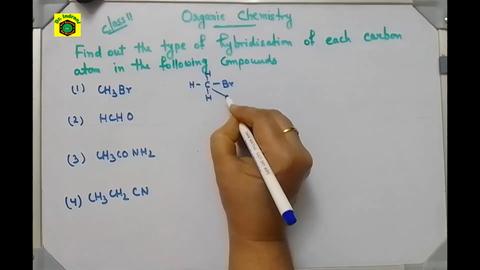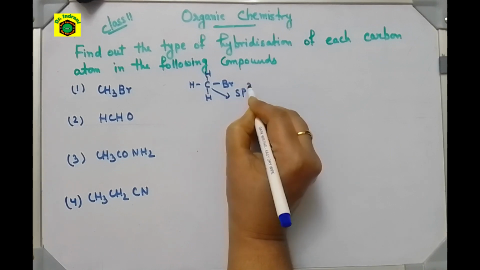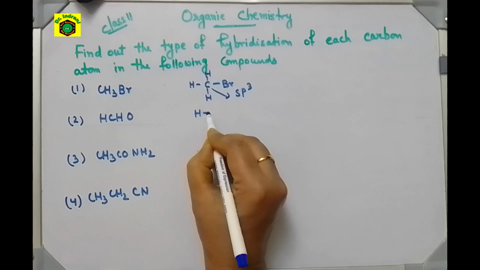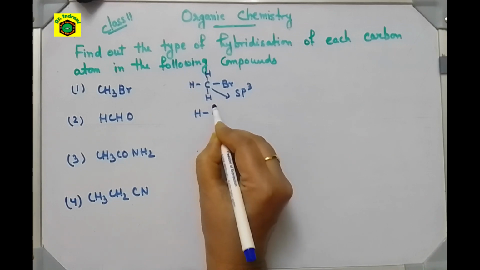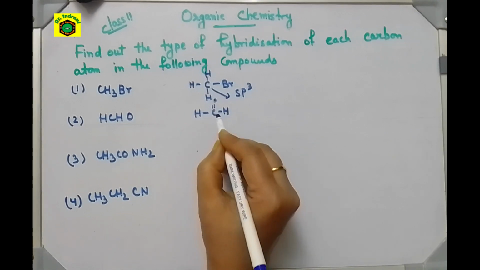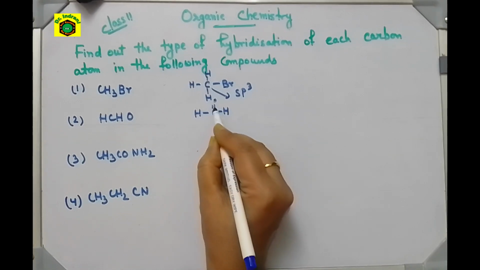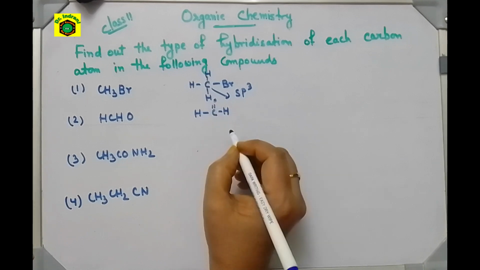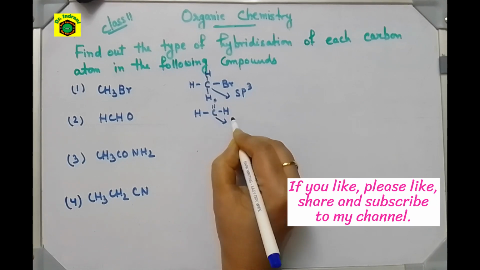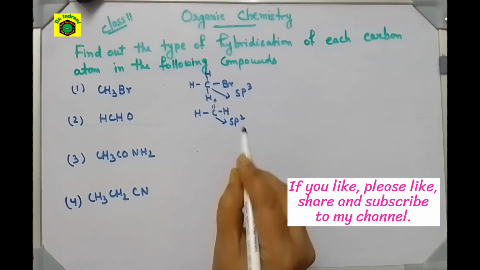That means this carbon is sp3 hybridized. Next one is HCOOH. So here how many? 3 sigma bonds are there, 1 pi bond is there. Therefore, this carbon is sp2 hybridized.